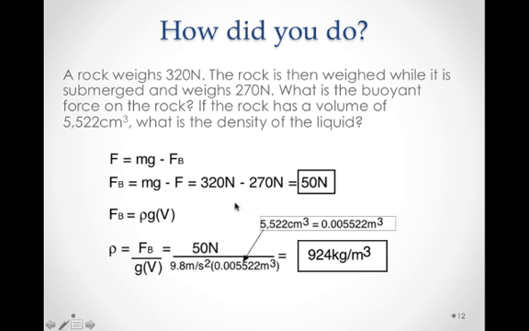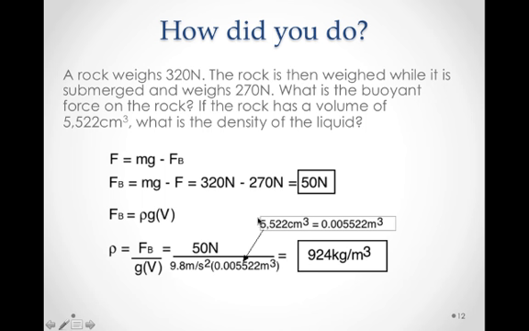We also know that the buoyant force is equal to the density of the fluid it's submerged in times gravity times the volume of the object that's submerged, in this case the rock. So we can solve for the density of the fluid by dividing both sides by acceleration due to gravity and the volume.